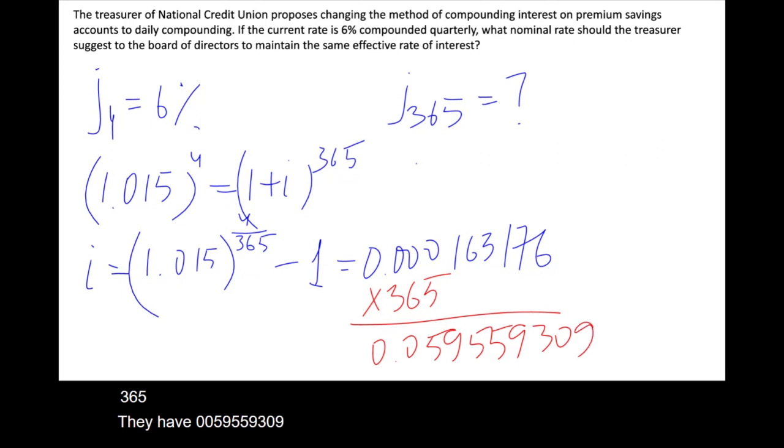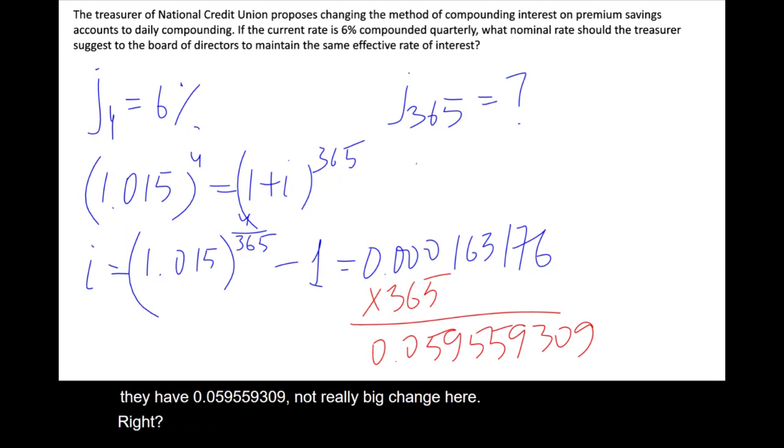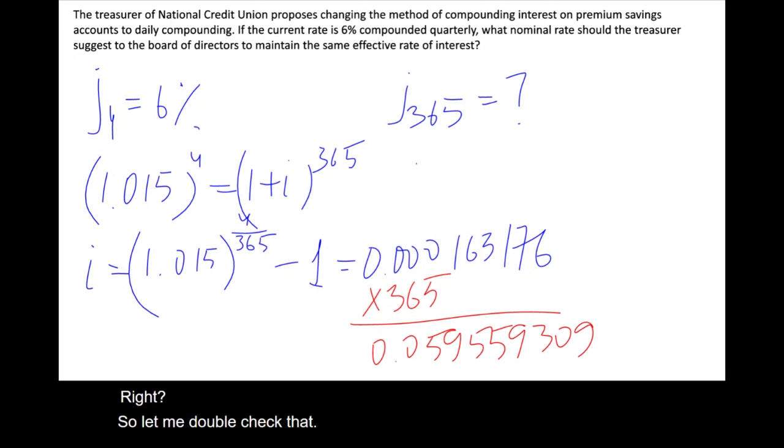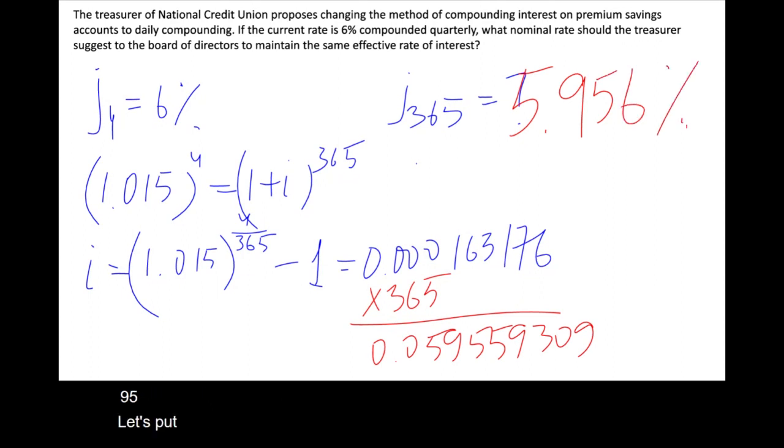Not really a big change here, right? So let me double check that. I had 6 compounded quarterly effective, now 365 compute. Yeah, that's the guy. So it is 5.95. Let's put 6%. Something like that.